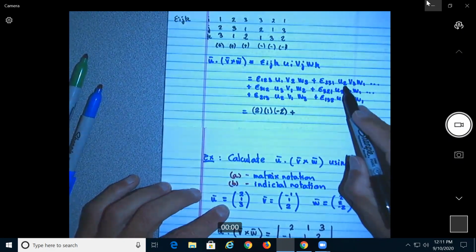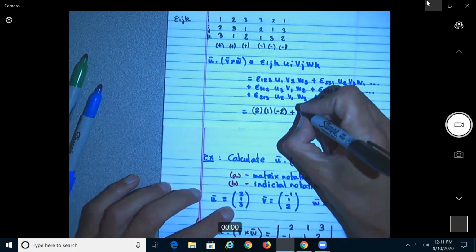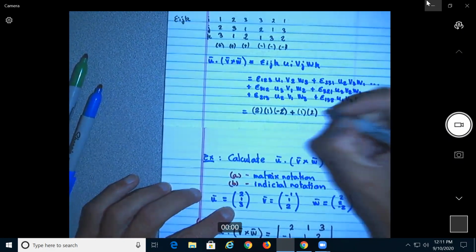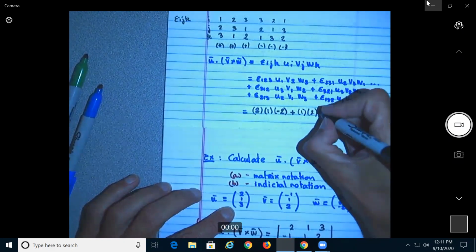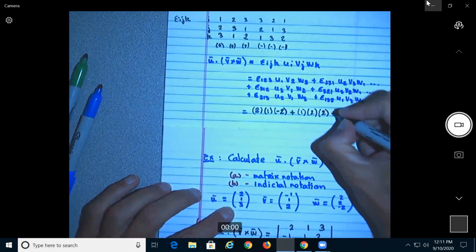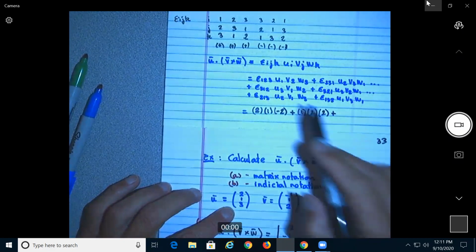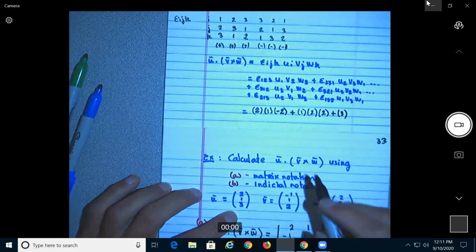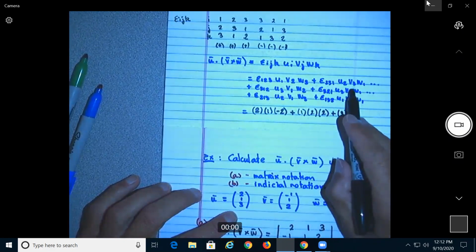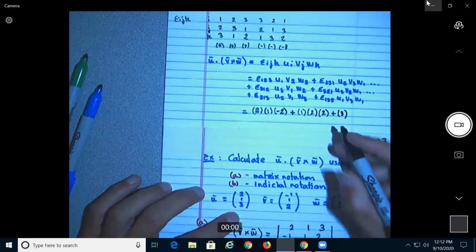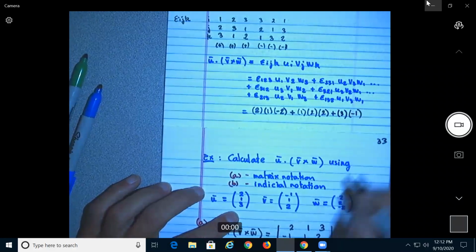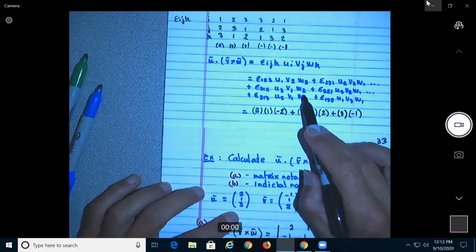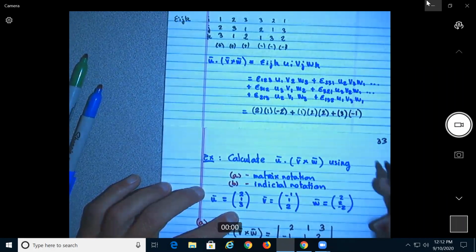Plus u2, 1, v3, 2, w1, 2, plus u3, 3, v1, negative 1, and w2, 2.